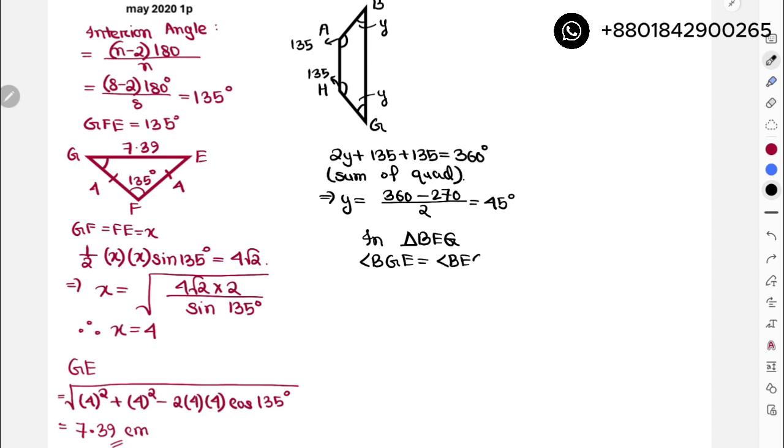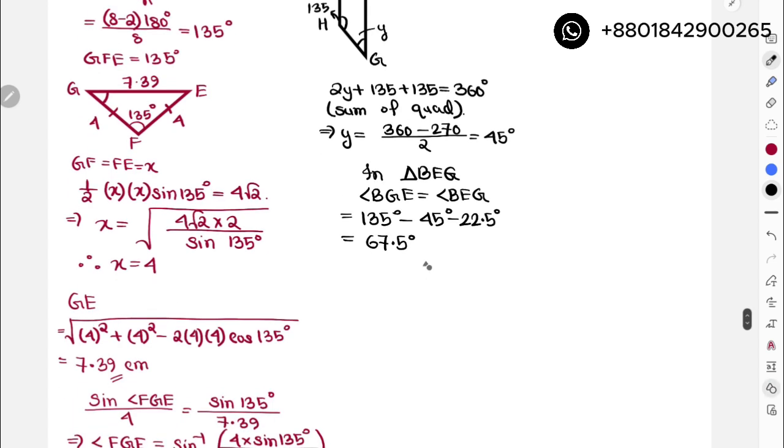The total angle was 135, one portion was 45 and the other portion was 22.5 degrees. So from 135, subtract 45 and 22.5, and that leaves you with 67.5.